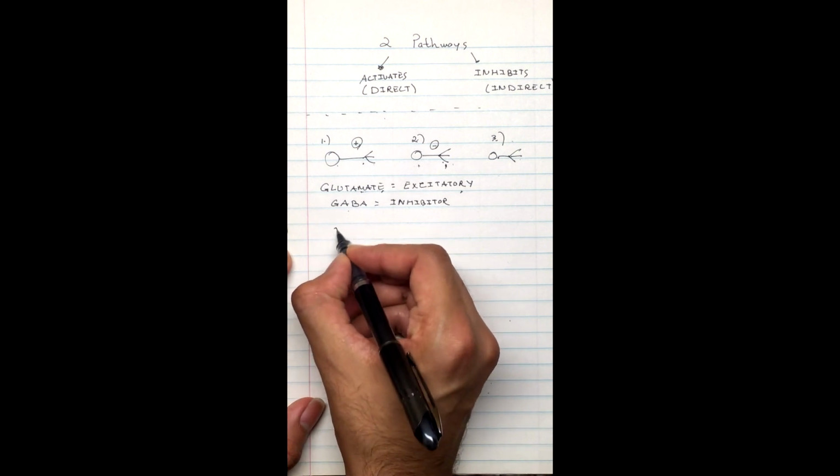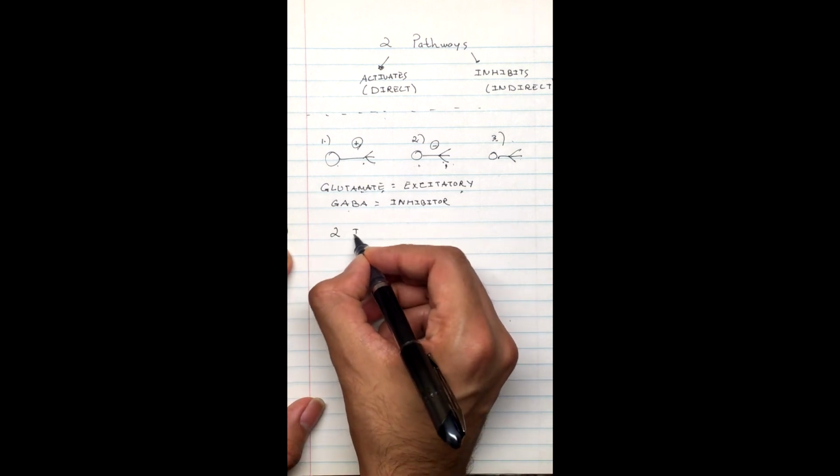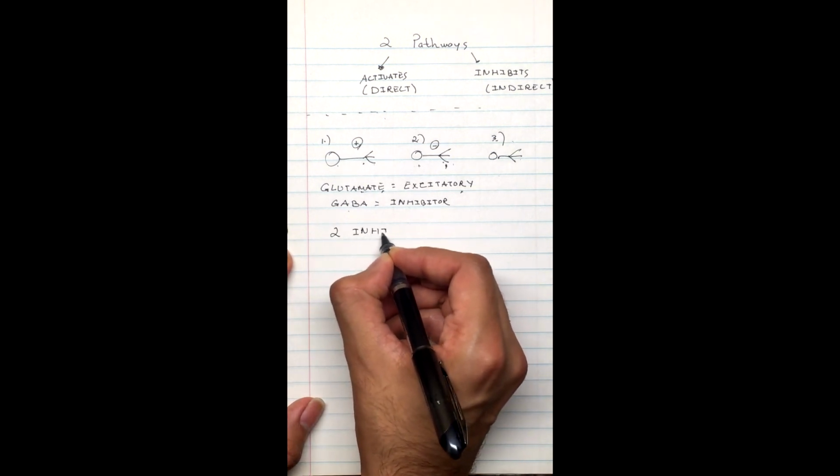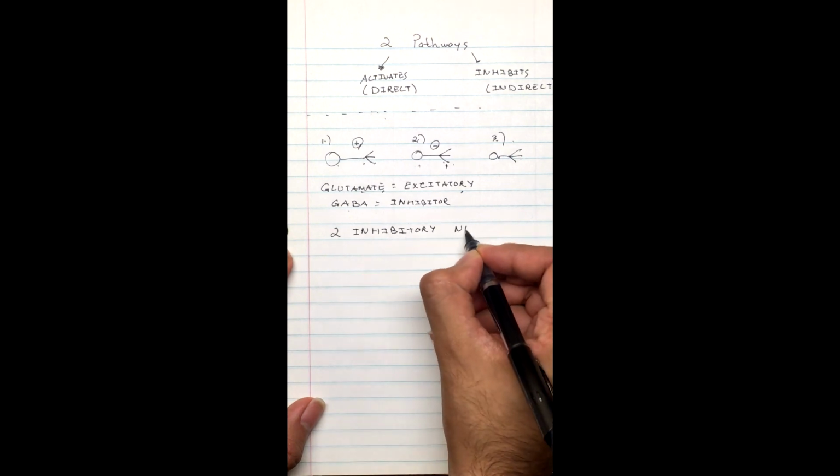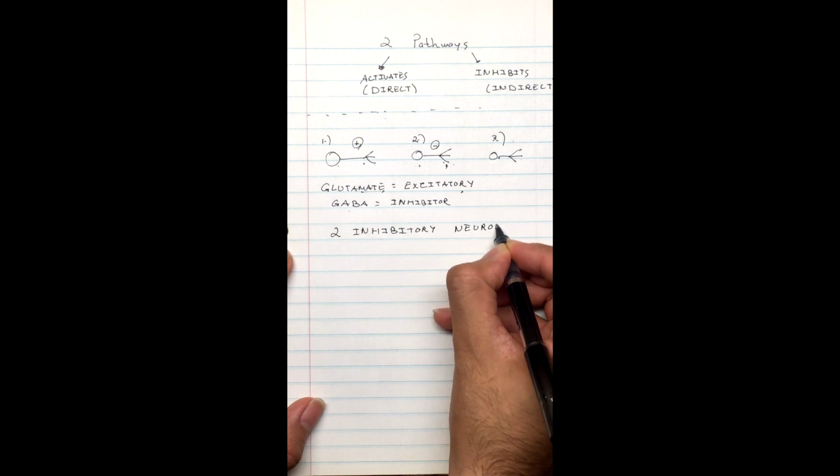Now, one phenomenon is the concept of disinhibition. You can think of this when you have 2 inhibitory neurons next to one another. What that is going to lead to is excitation. Okay.